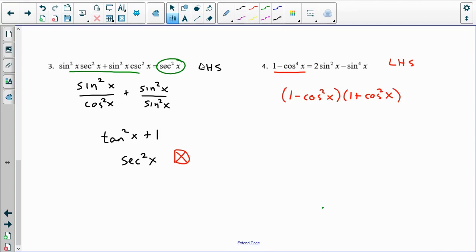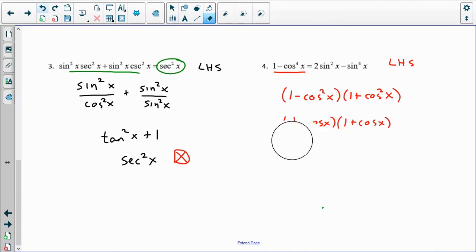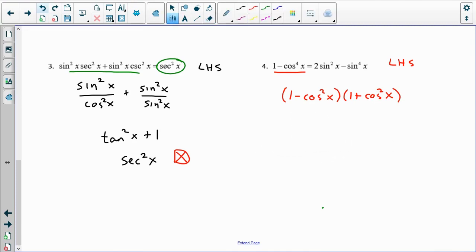Now, 1 minus cosine squared, I can continue to manipulate as 1 minus cosine x, 1 plus cosine x. I don't know if that's actually going to help me though. I can continue to do that, but I'm looking at the right side and I need everything to be sine. Because I need everything to be sine, that may not be the best option for me. So I'm not going to do this, and I'm going to try something different.